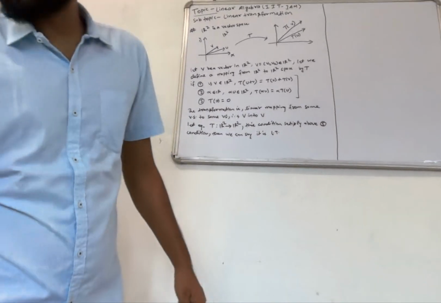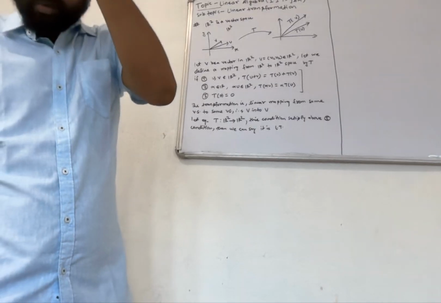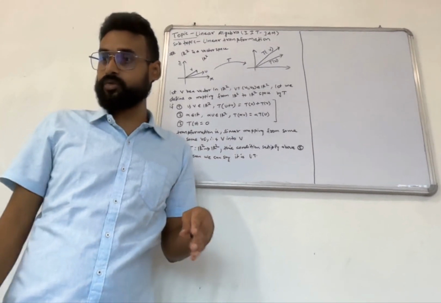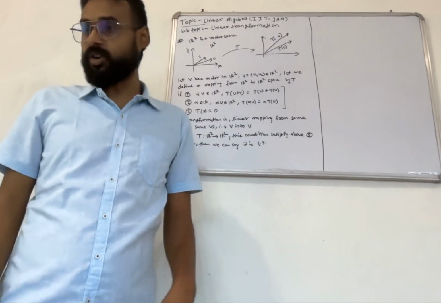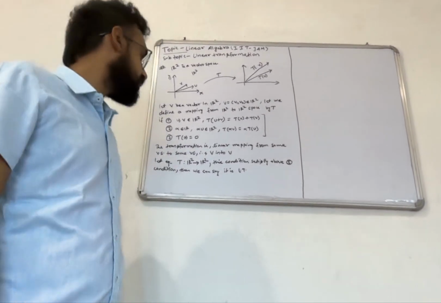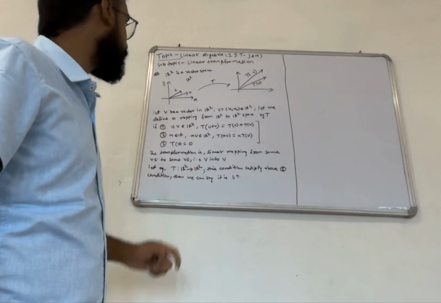Now we are going to see an example where it is not a linear transformation.